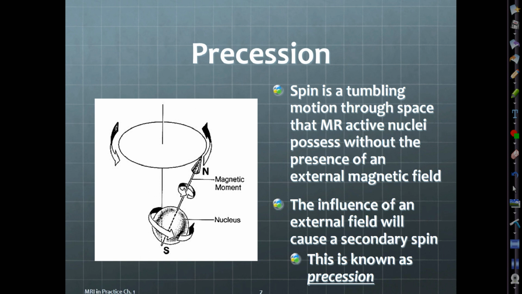Okay, so another way to describe precession. A spin is a tumbling motion through space that MR-active nuclei possess without the presence of an external magnetic field. So that's net spin. The influence of an external field, B sub 0, will cause that secondary spin. And once again, that's precession. So we have two spins.